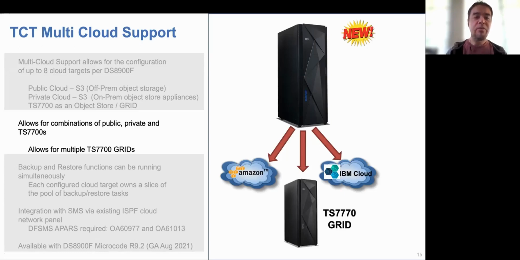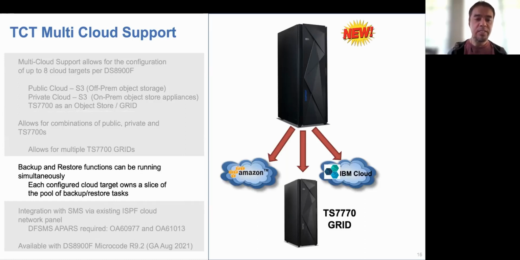Not only that, but we allow any combination of public, private, and 7700 targets configured at the same time. Additionally, we are allowing not only a single TS7700 grid to be defined, but multiple 7700 grids configured at the same time. So you have 8 slots, and you can use those 8 slots in any way you want. You can use them all for 7700s, or make any combination of 7700s and public or private clouds.